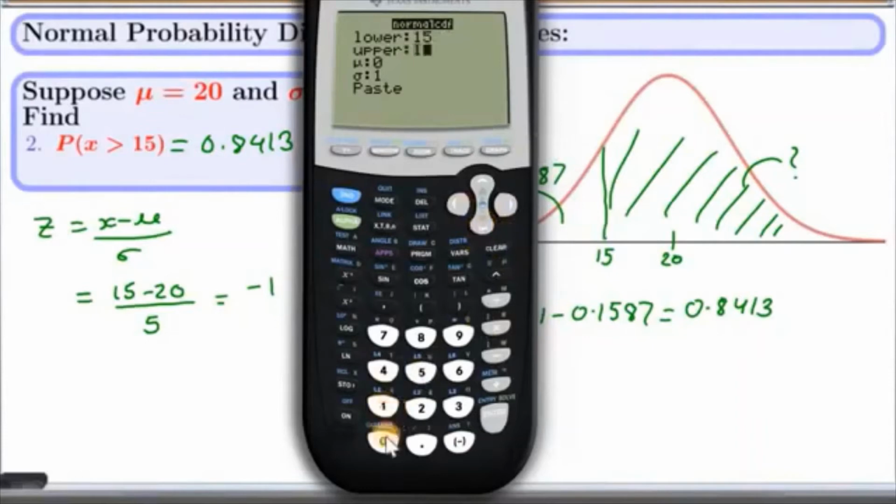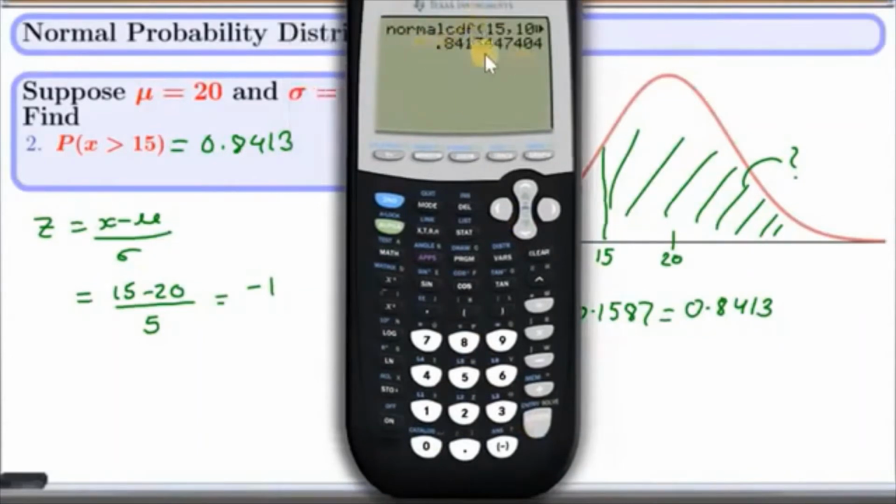So for that one, I will take 100,000. Our mean is 20. And standard deviation is 5. Now let's hit enter and enter. This is what we have using calculator, and this is exactly what we got using table also.